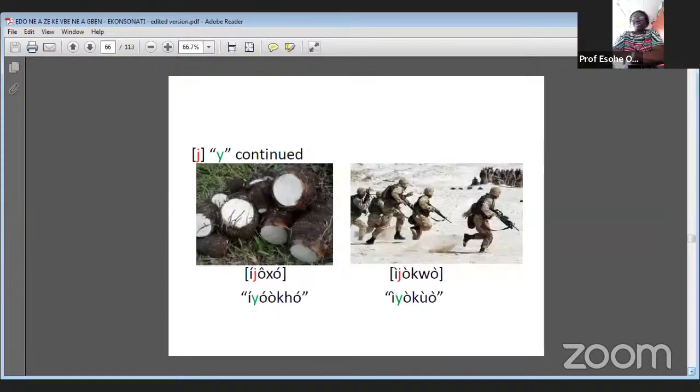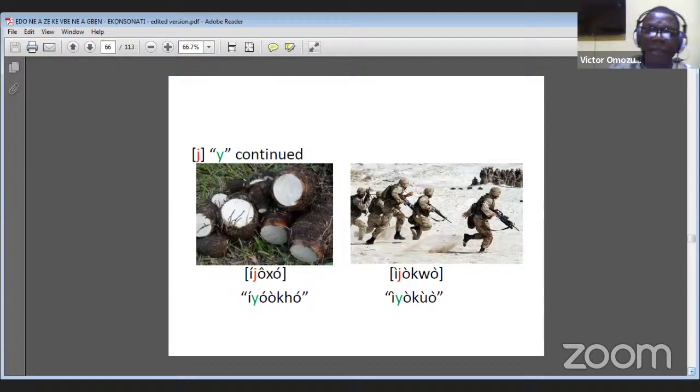So much noise in the background. Then the Yi continues. Iyoko. Iyoko is different from Akara, but they belong to the same family, botanically.